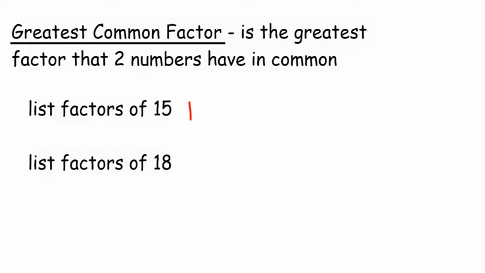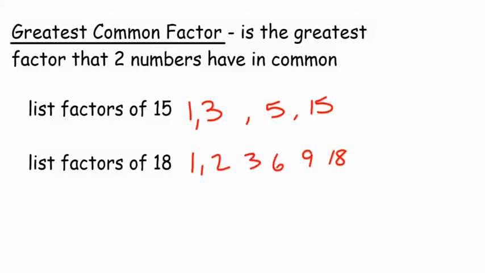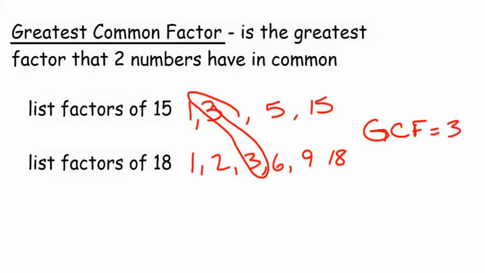So 15 is 1 and 15, 3 and 5, that's it, okay? And then 18 is 1 and 18, 2 and 9, 3 and 6, and that is it, okay? So if you look at these, my greatest common factor for these numbers would be 3. So my greatest common factor is 3, okay?